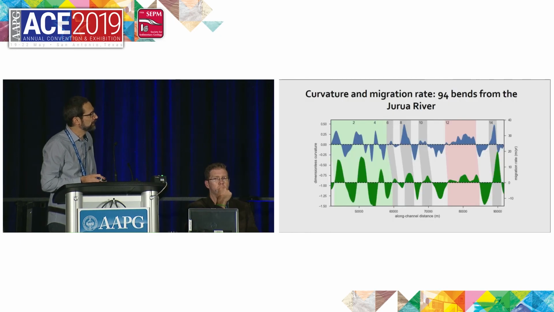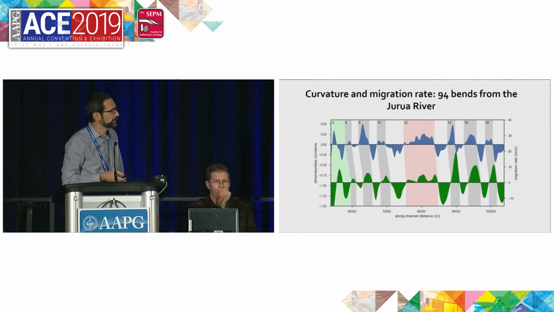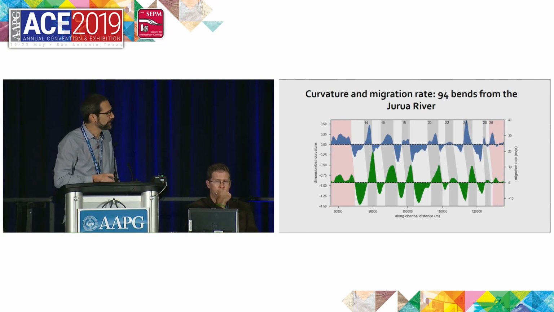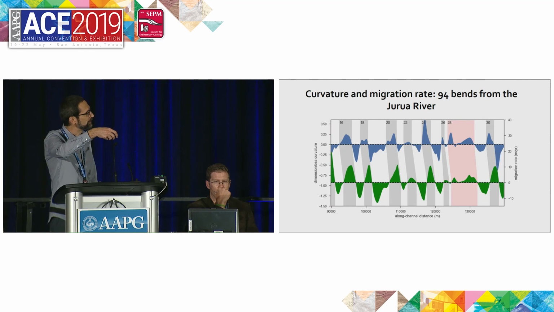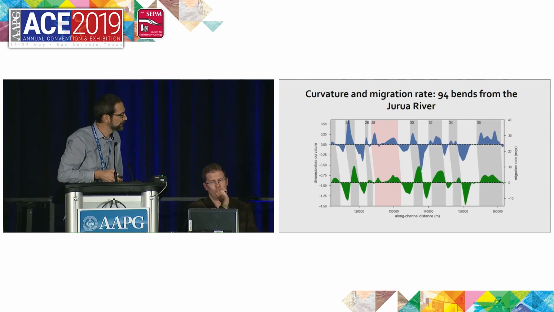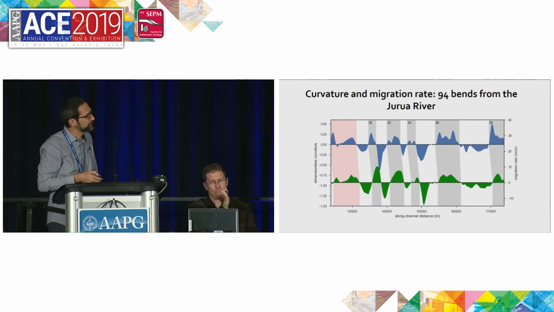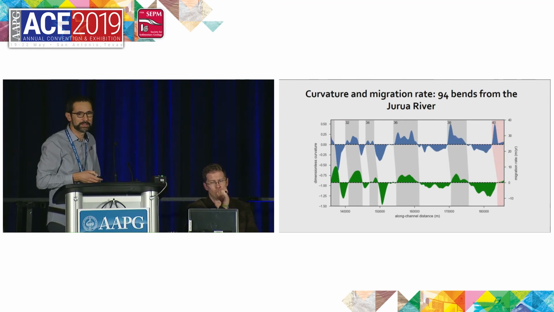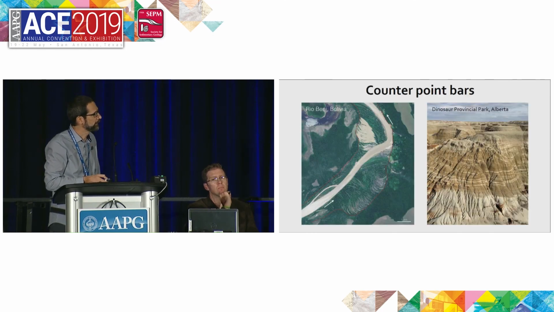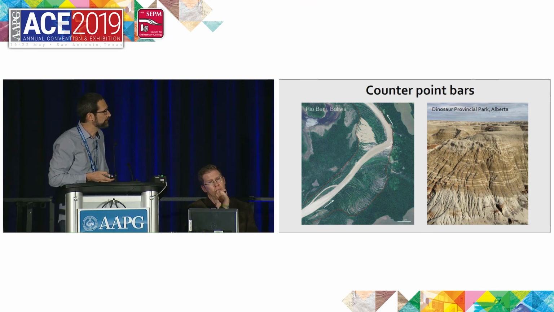And we found a remarkable correlation, a very good match between migration rate, shown in green at the bottom, and curvature, shown in blue at the top, if we take into account the idea that the migration rate is actually shifted downstream from curvature. And this phase shift between curvature and migration rate is also linked to the autogenic generation of counterpoint bars.